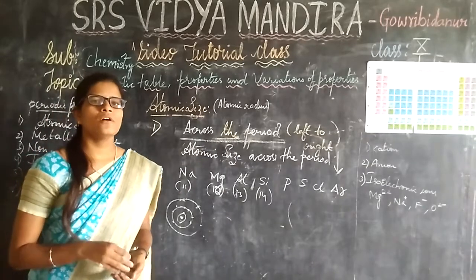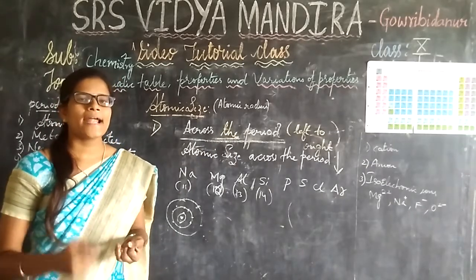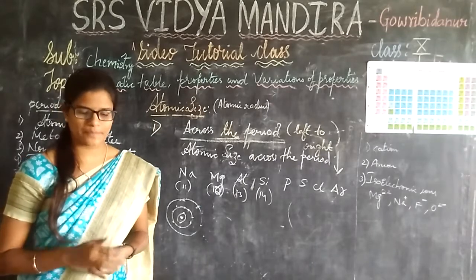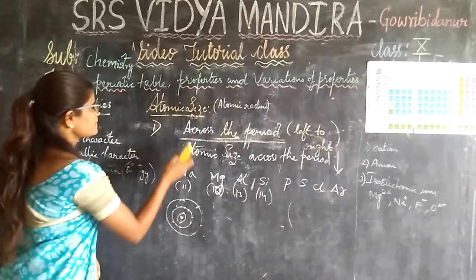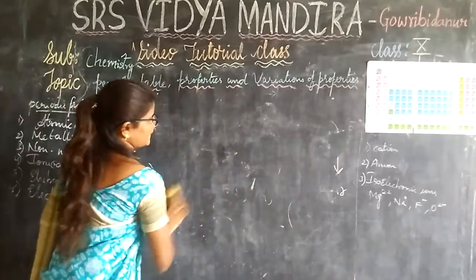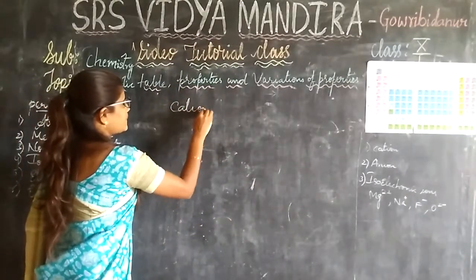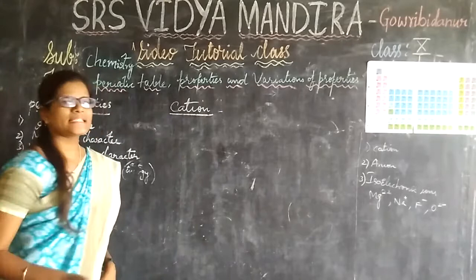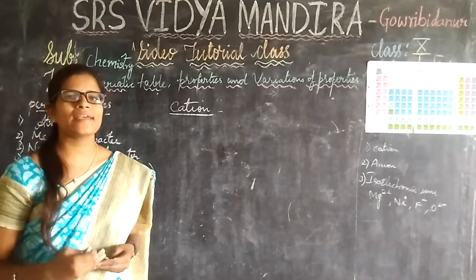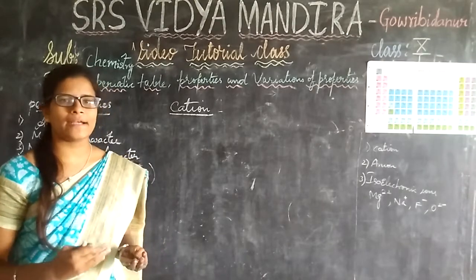Now let me explain how the formation of cation takes place, how anion takes place, and what we mean by isoelectronic species. See here, always the cation will be smaller compared to the parent atom.